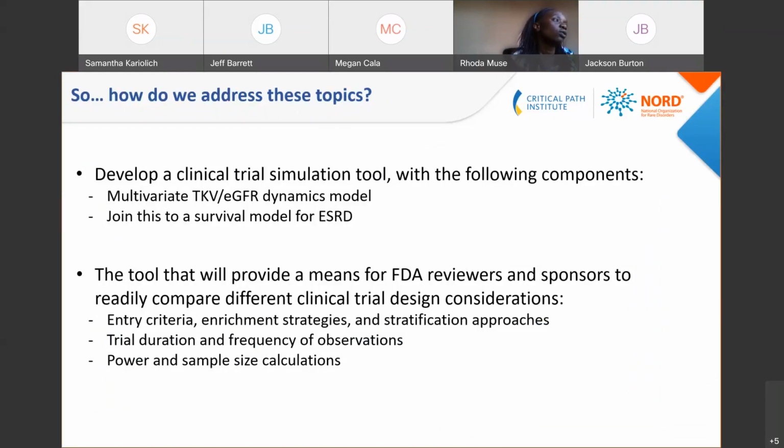So such a tool will provide a means for FDA reviewers and sponsors to compare different clinical trial design considerations that are highlighted here, such as power and sample size calculation.